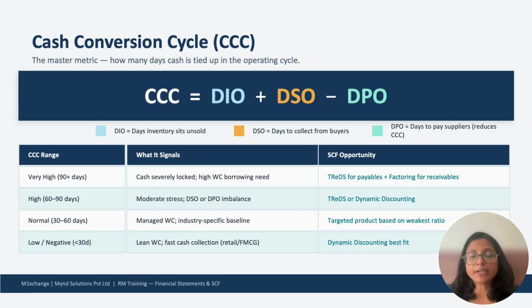So for example, if I say that my DIO is 55 days, my DSO is 70 days, and DPO is 40 days, what will be my cash conversion cycle? It will be 55 plus 70 minus 40, which will be 85 days, right? So for 85 days, the cash is tied up.